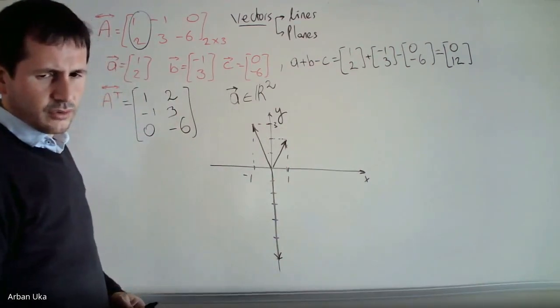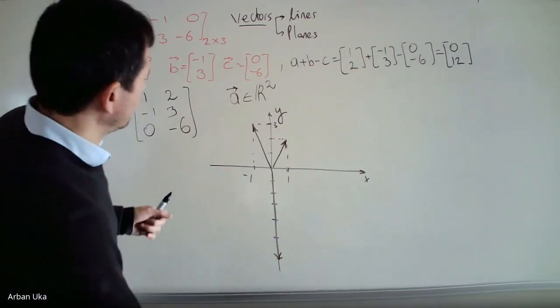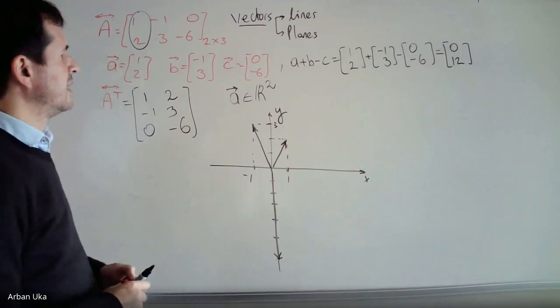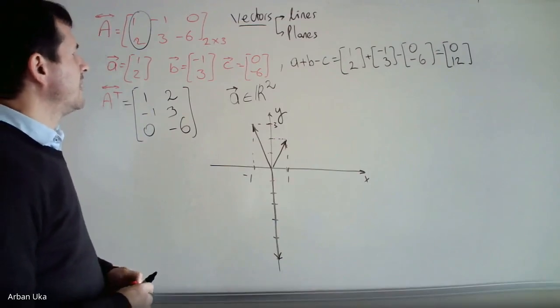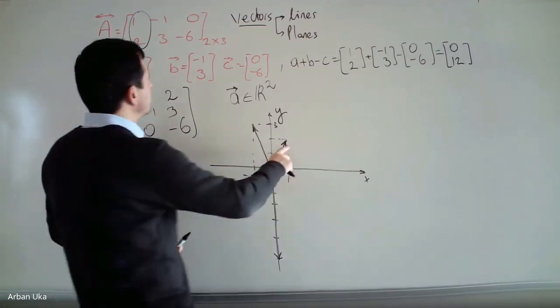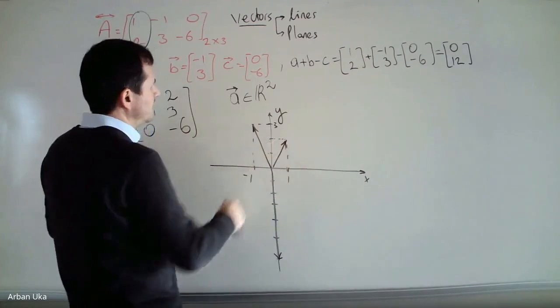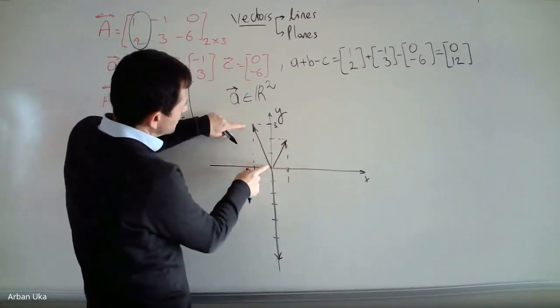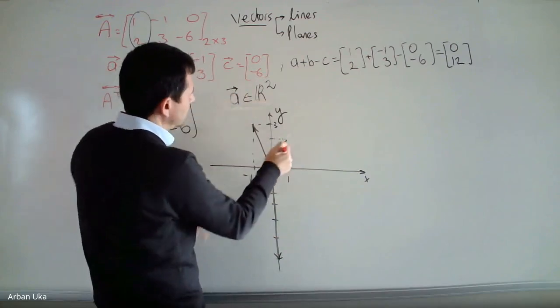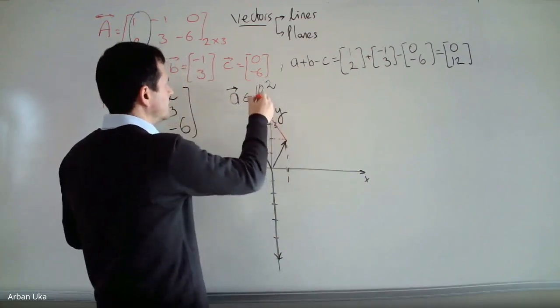Now, in order to add in the same way that we did it here, we know that A plus B minus C. A plus B, this is the vector A, we add the B, but to add the B, we just move it in parallel direction and bring it somewhere here, okay?